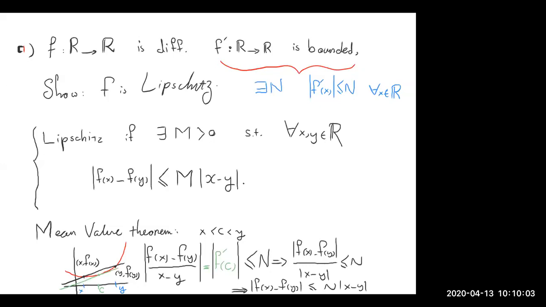So this number n is the bound of the derivative, and the function f is indeed a Lipschitz function. Lipschitz functions are continuous, but they are not necessarily differentiable. Also, differentiable functions are not necessarily Lipschitz. But if the function is differentiable and the derivative is bounded, the function is Lipschitz. So that's the first question.